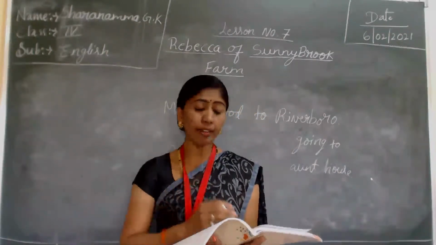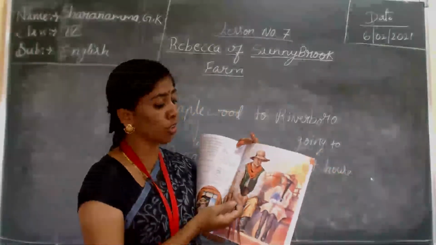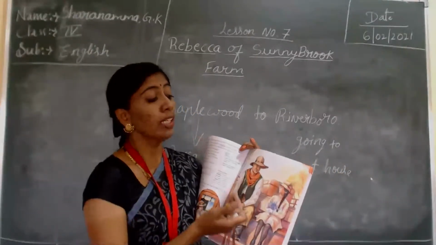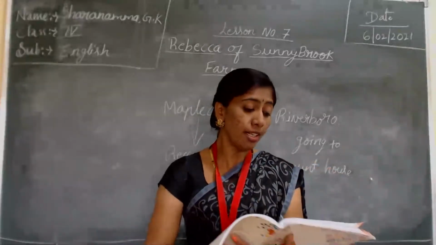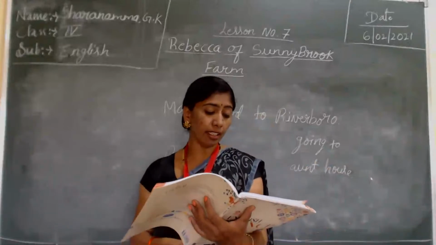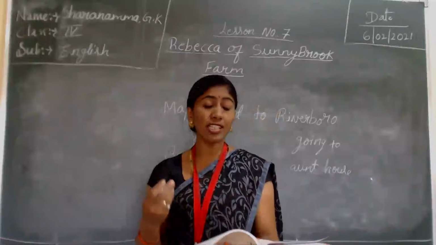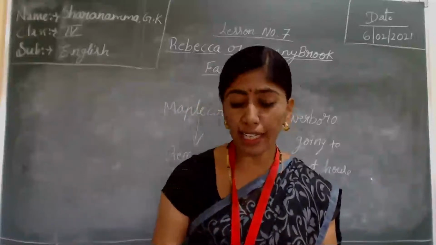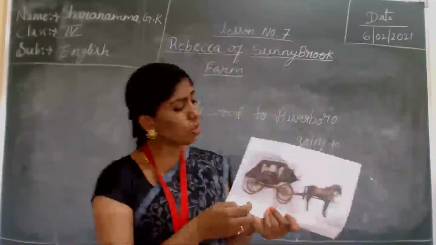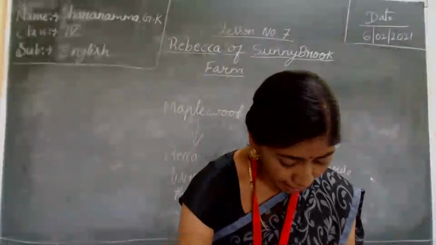Sitting in front next to Mr. Cobb, she says she is feeling very happy to be traveling now. She expresses her feelings that when she was sitting inside the stagecoach, she felt just like a hen.